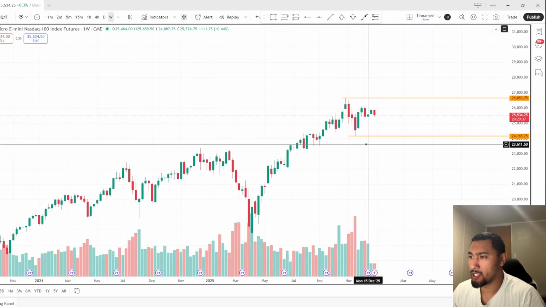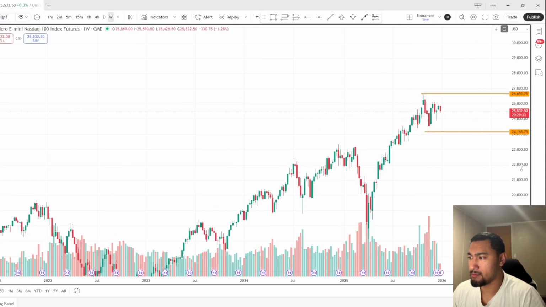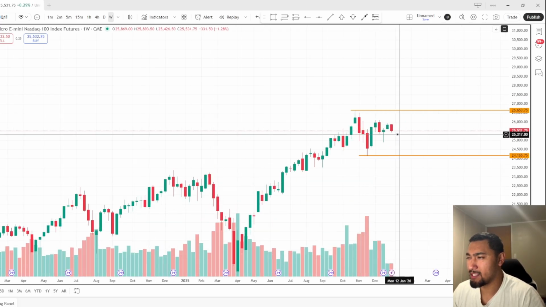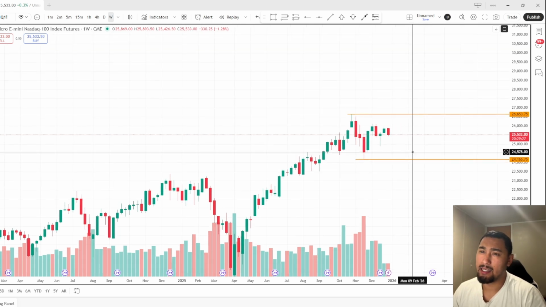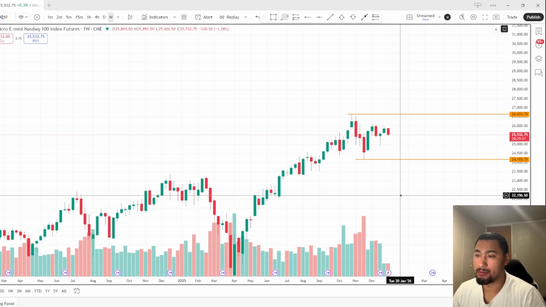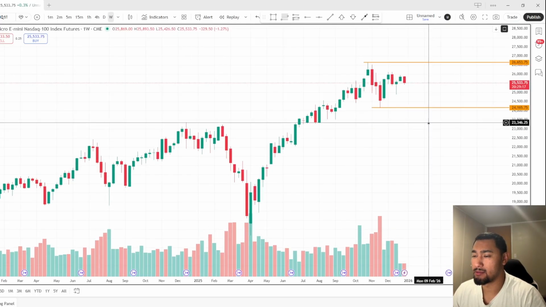Or you can just mark it as a big support and a big resistance. The likelihood of us going below this on a weekly basis in a week is not likely. Well, it can happen, we just need some big volatility.